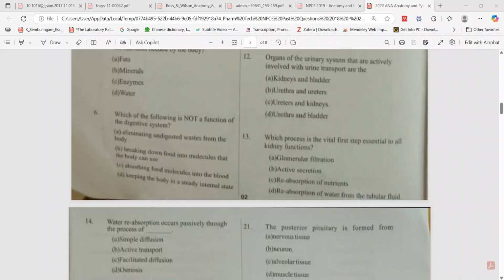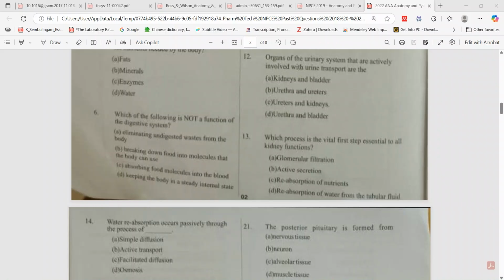C. Absorbing food molecules into the blood. D. Keeping the body in a... that is option D. That's not a function of your digestive system. Yeah, it's D. You're right.